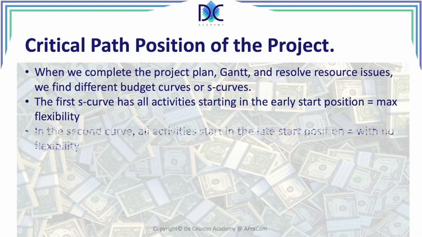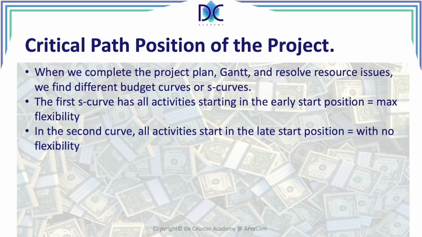The second curve is where all the activities start in the late start position. Here there is no more flexibility left because everything has been moved to the late start position, and that results in the fact that the activities have no more slack available.